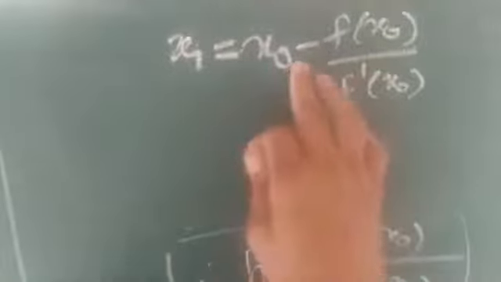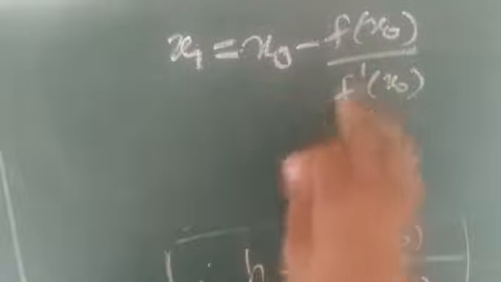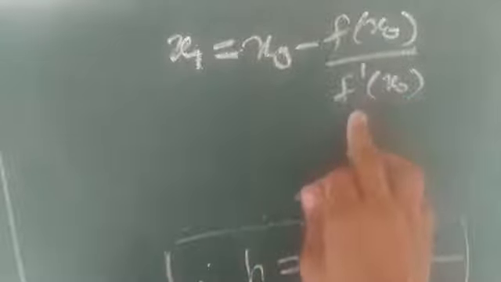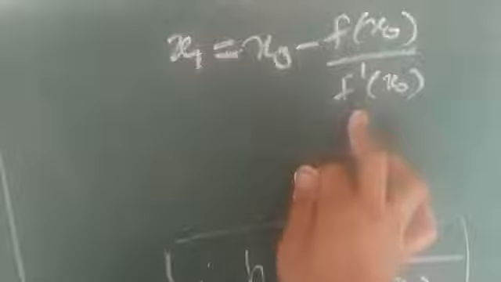A better approximation than x0 is given by x1 equal to x0 minus f(x0) divided by f'(x0).